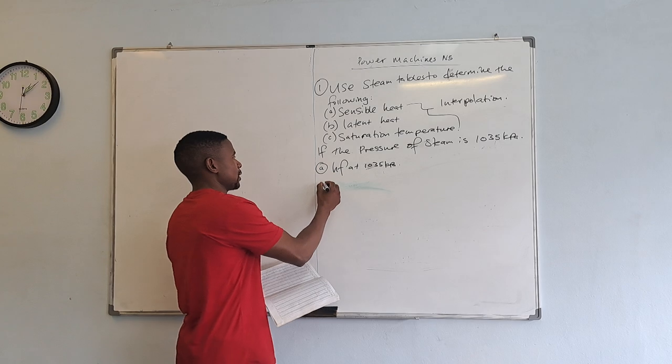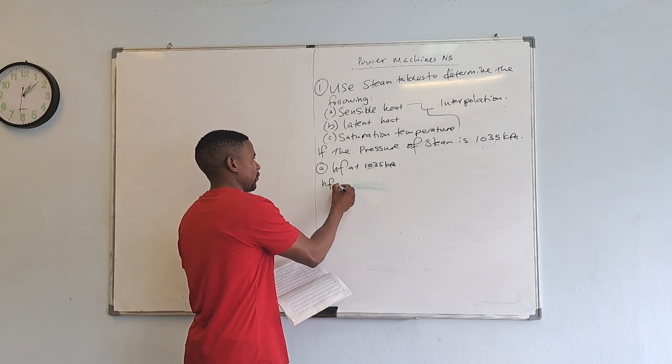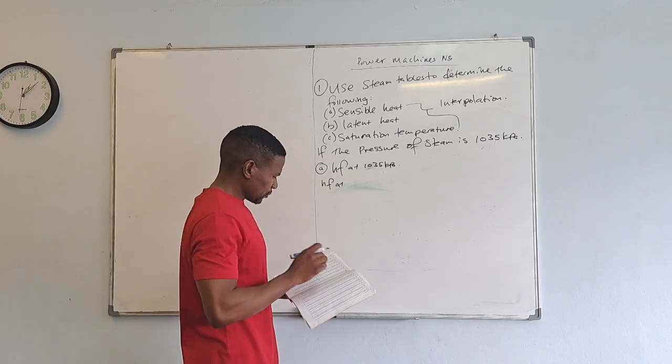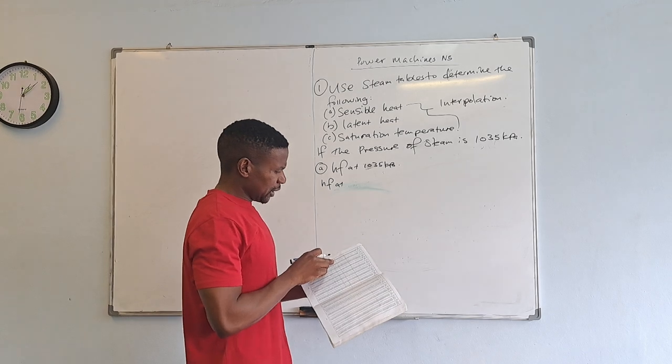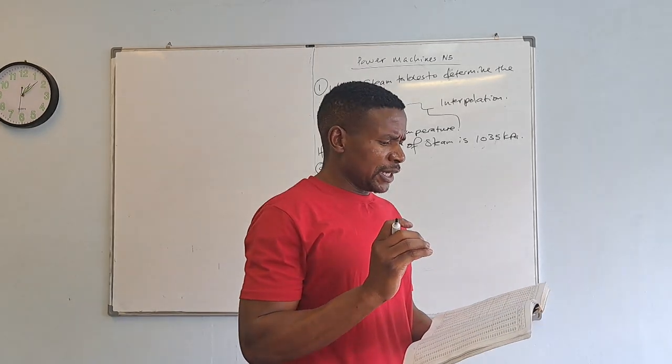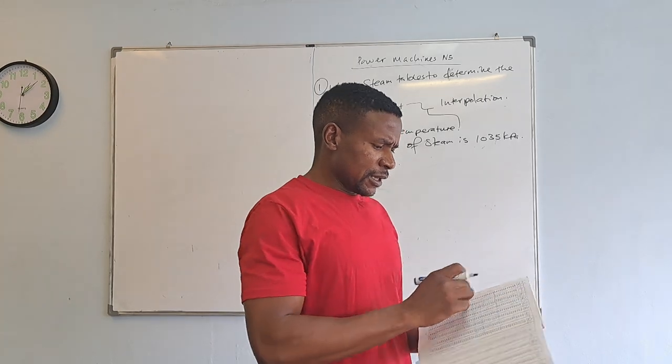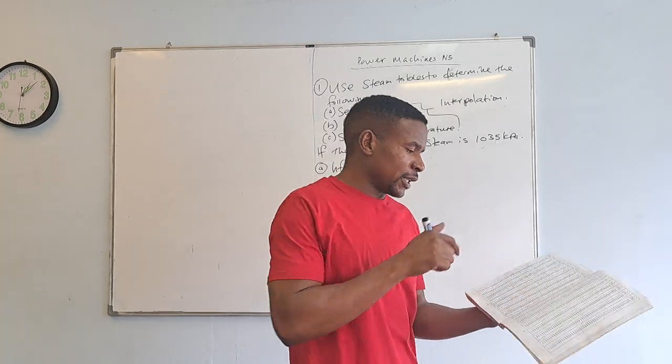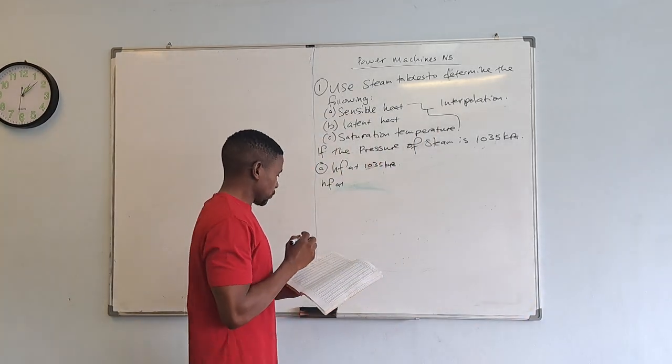So we are going to say, therefore, HF at 1035. You see now that it was supposed to be between 1000 and 1050. If you check on our steam table, that's where 1035 was supposed to be.